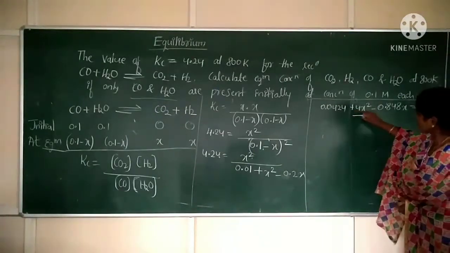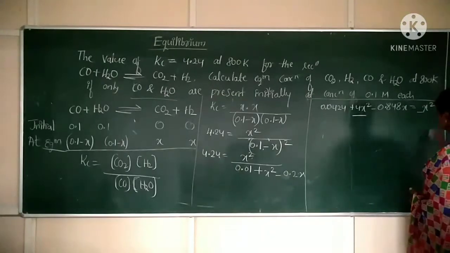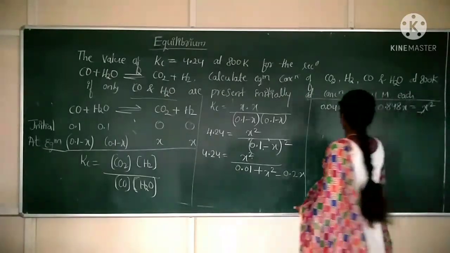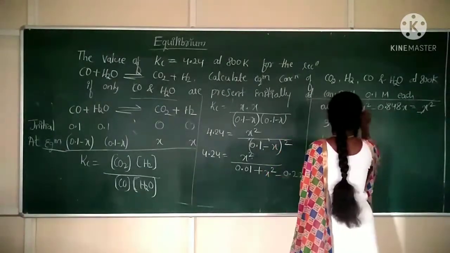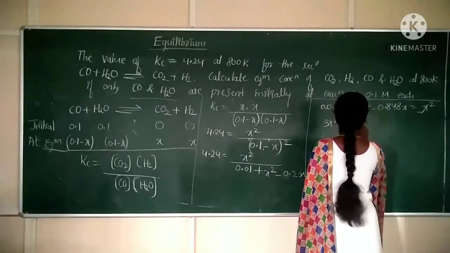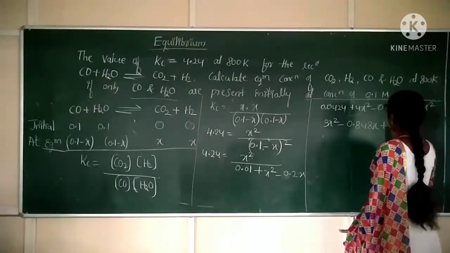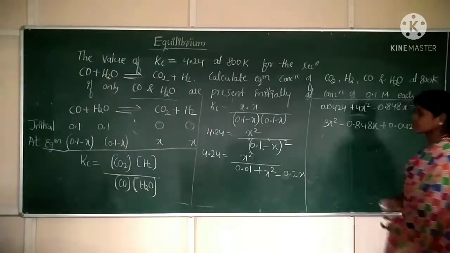Here 4x square is there, and on the other side 1x square is there. So cancel 1x square and 1x square. What remains is 3x square minus 0.848x plus 0.0424 equal to 0. Correct?